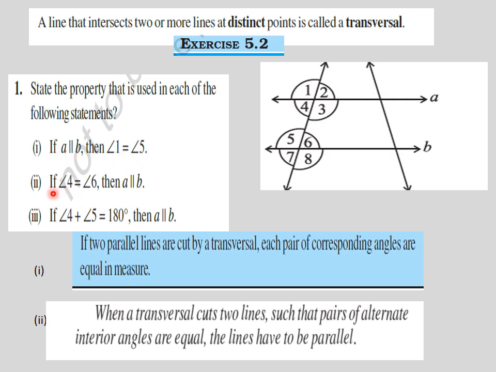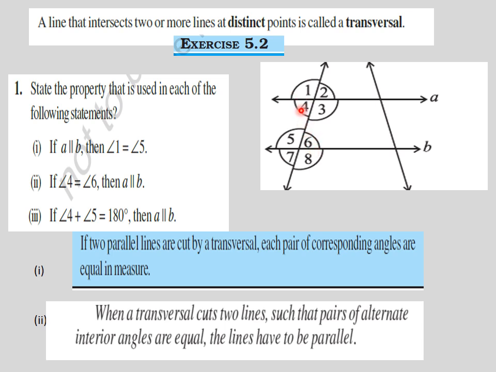Now the second one is, if angle 4 is equal to angle 6, then A is parallel to B. Angle 4 is an interior angle and angle 6 is an interior angle because they are inside, and they are on opposite sides.